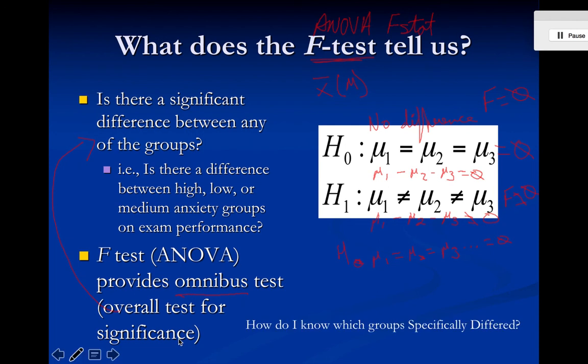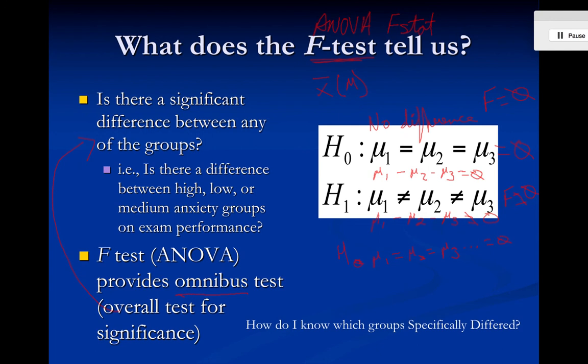So here the overarching question: how do I know which groups specifically differed, if they did differ at all? Then we have to do an additional statistical analysis that we are going to talk about, called post hoc analyses, so analyses done after the fact, to confirm which groups specifically differed or which groups did not. Okay? That's what we're going to do here.